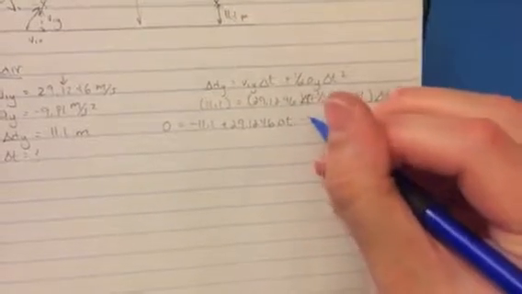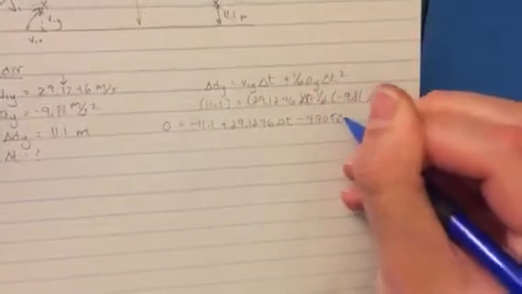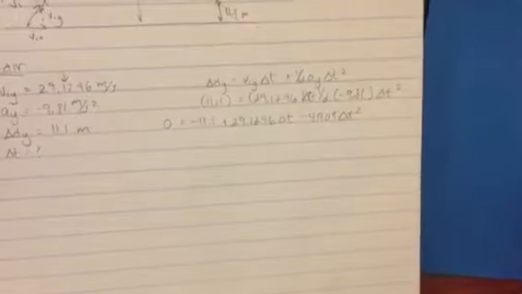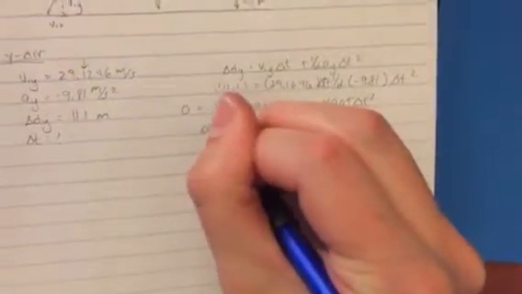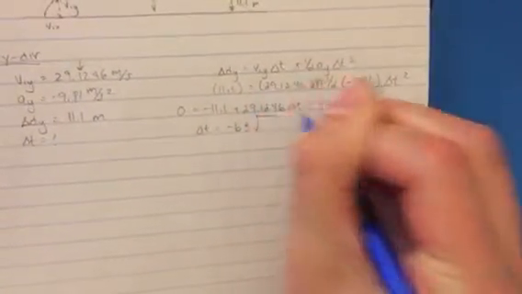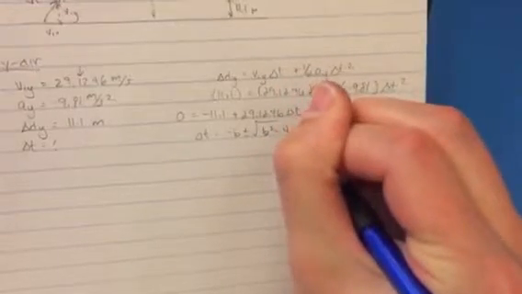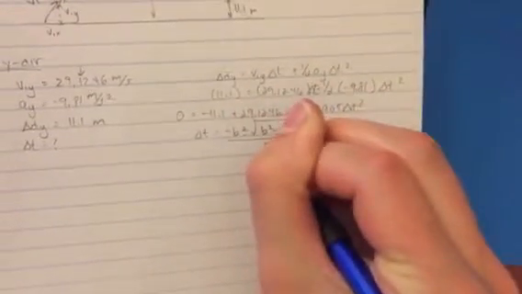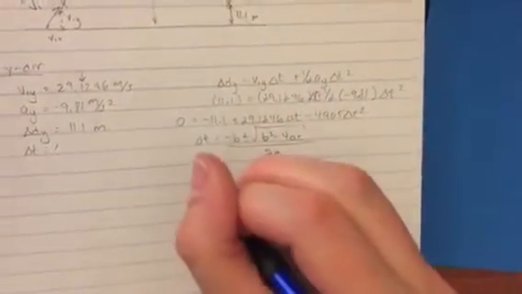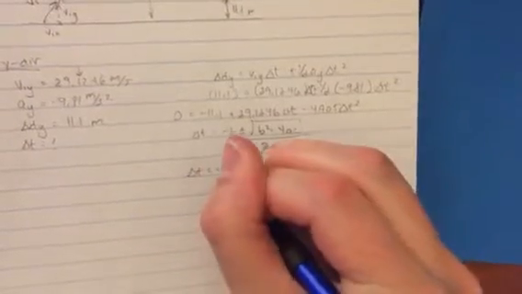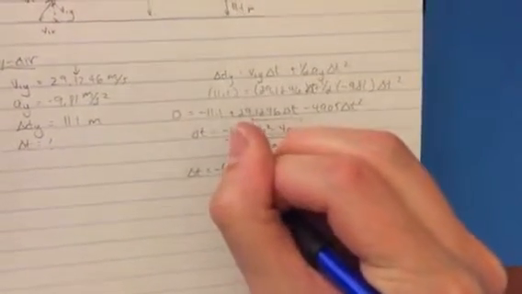Oops, I forgot a delta t there. So here we go. Now we're going to apply the quadratic formula. Negative b plus or minus the square root of b squared take away 4ac, all over 2a. Now substituting in our values, and remember, yes, I'm keeping track of significant figures still.